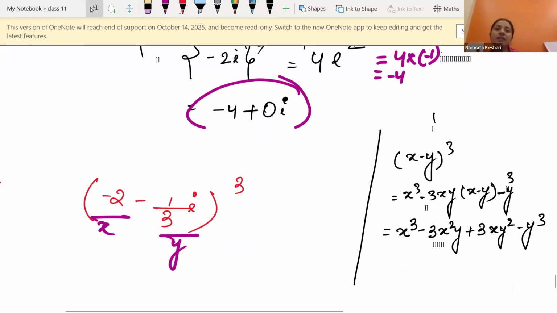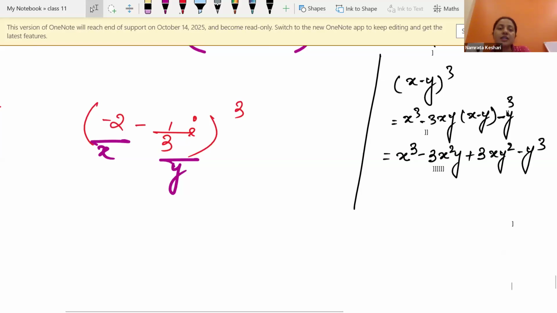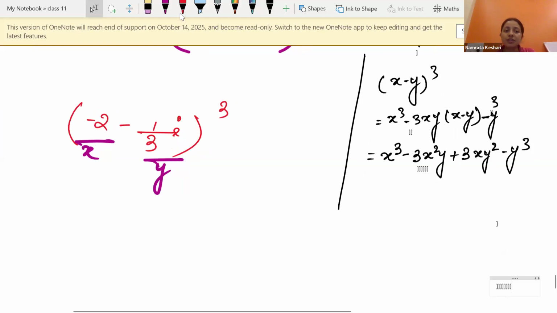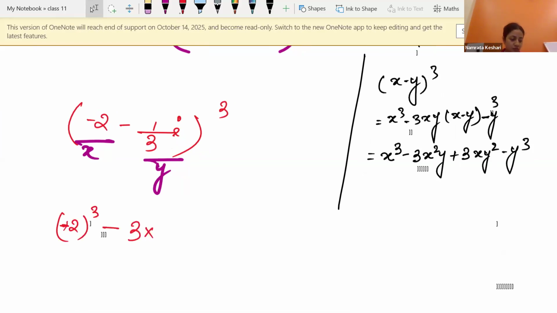First we will expand it and then we will write it in the standard form of the complex number. So for minus 2 minus 1 by 3i, we write minus 2 as our x. Be careful. So we take (minus 2) whole cube as x cube, minus 3 into x, our x being minus 2, into y, our y being just 1 by 3i, because that negative in front of 1 by 3 we are taking as the subtraction between x and y.